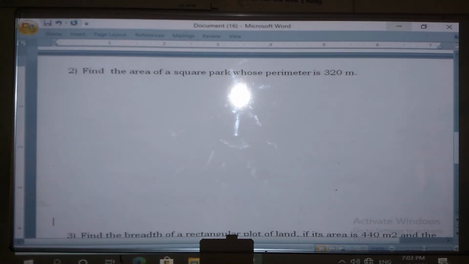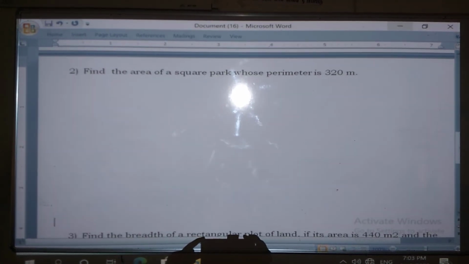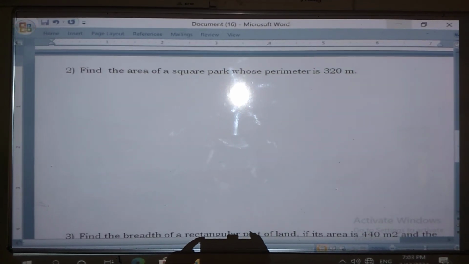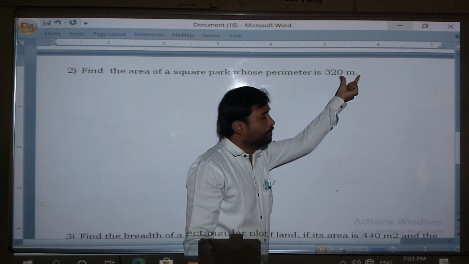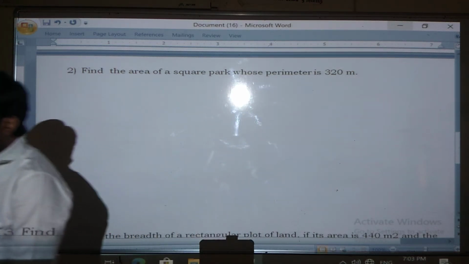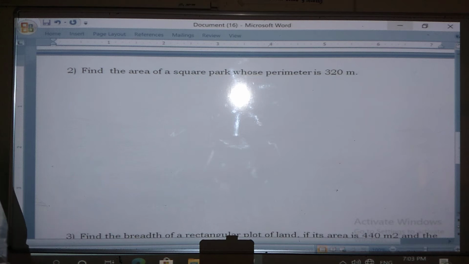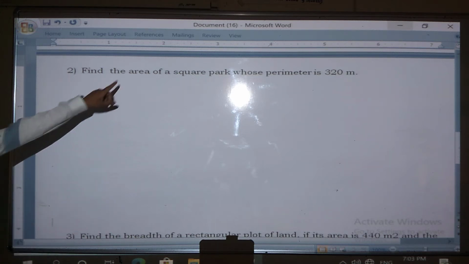Next sum. Find the area of a square park whose perimeter is 320 meter. See here, perimeter is given, the simple unit is meter. Okay? Because we are talking about the boundary line. But we have to find area.